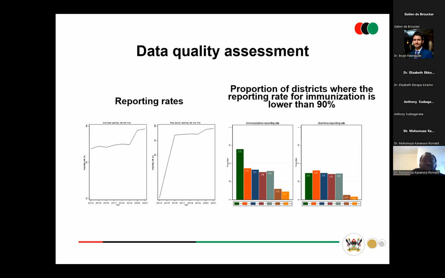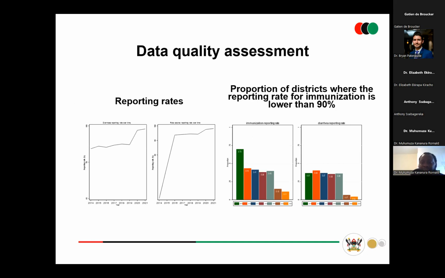So in the results, in terms of the quality of data, the quality of data in the DHIS2 is actually improving. We see in terms of reporting, at least as of 2021, at least 80% of the facilities were reporting.